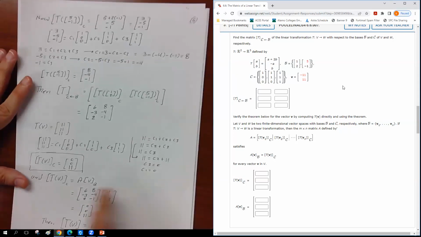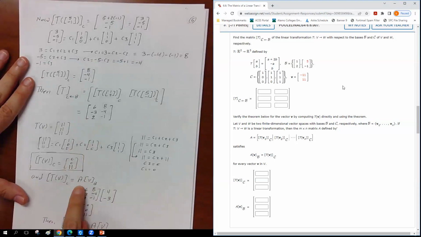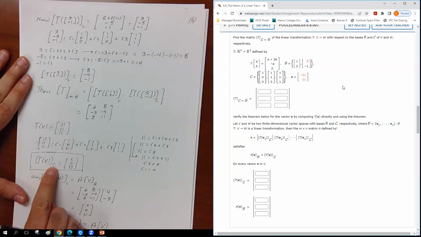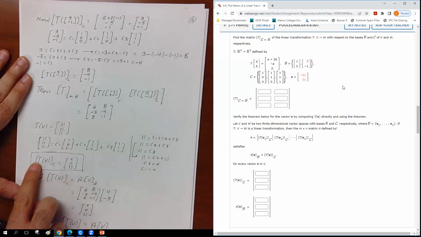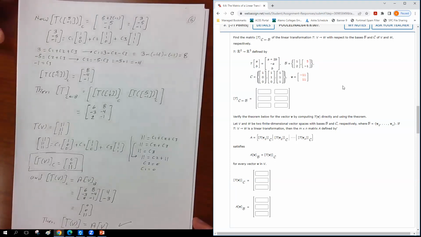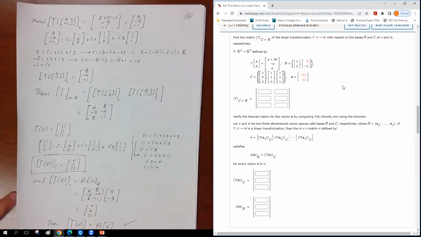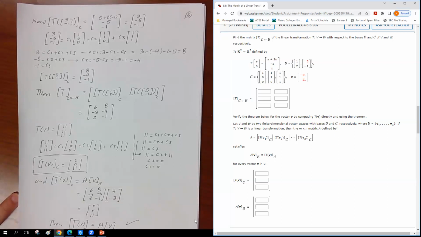If I multiply the matrix A by the vector V with respect to the base B, I have to get exactly the same as the transformation of the vector V with respect to the base C. So if you do this multiplication, it's going to be also (0, 0, 11). That's why we got this equal to A times the vector V with respect to the base B. So we prove that the theorem 6.226 is right by getting two equal sides. Let's check our solution.